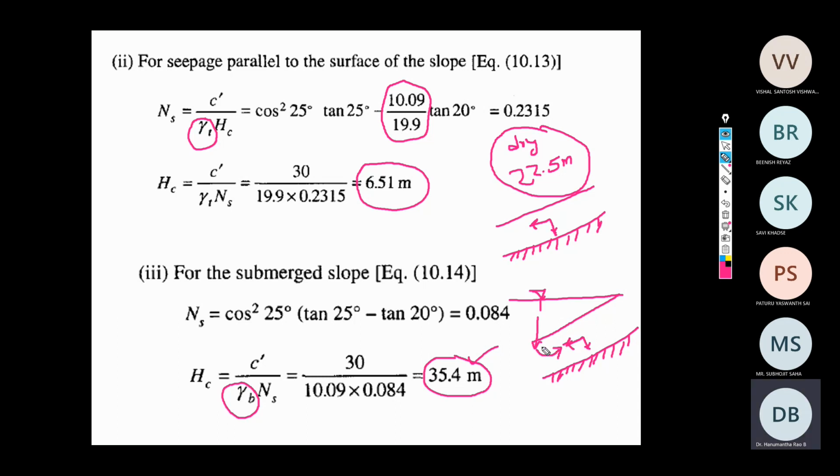For example, if it is counteracting the normal component, it is acting something like a buoyancy force. That means the weight of the soil, which is initially say x, will not be x, it is x minus something. Because of that minus, we can go for the higher slope height. So this is the physics behind the allowance of more height in the submerged condition.